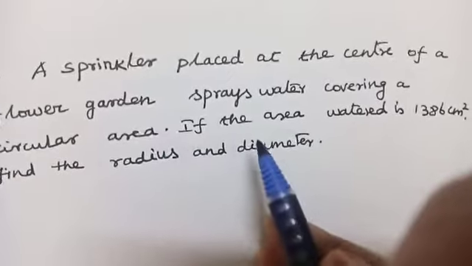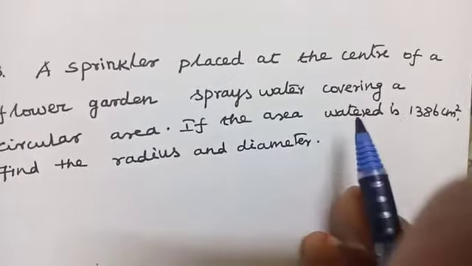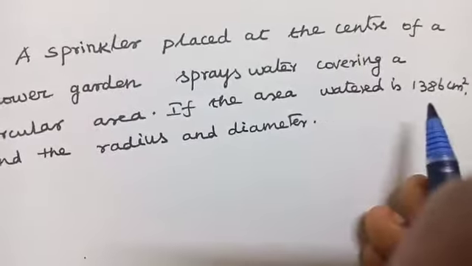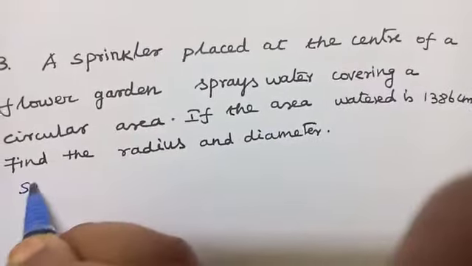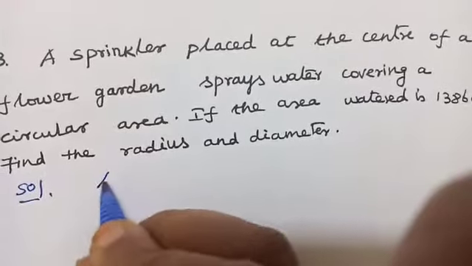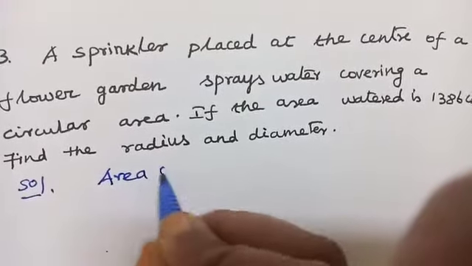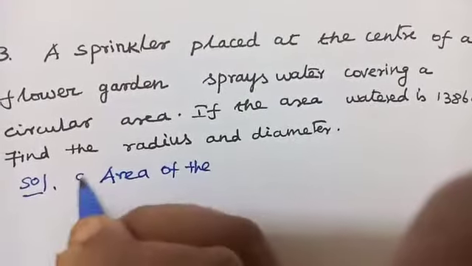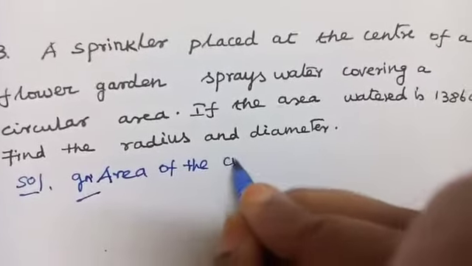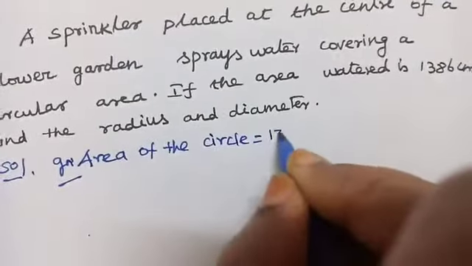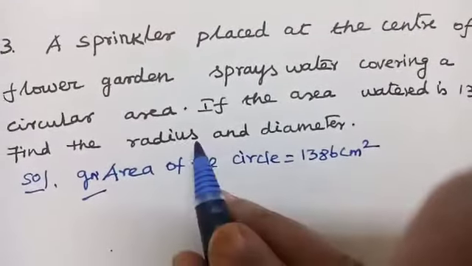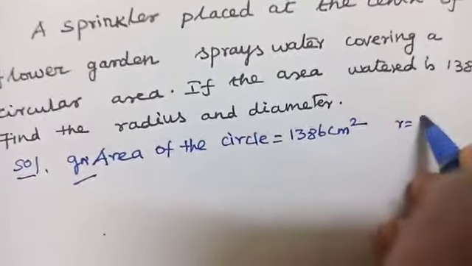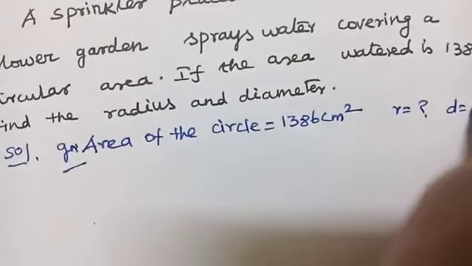So this is the area of the circle. Given: area of the circle is equal to 1386 centimeter square. We find the radius and diameter.